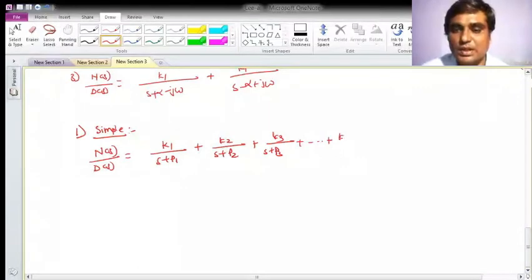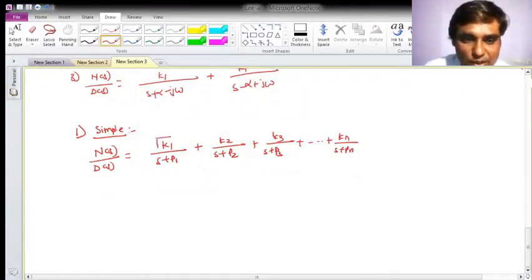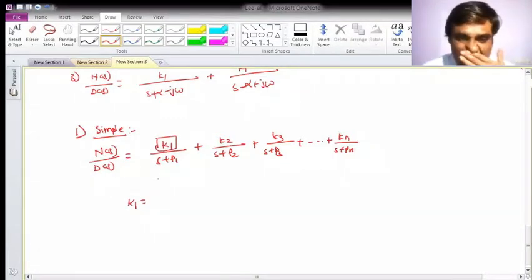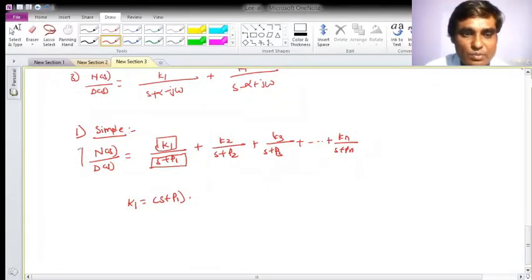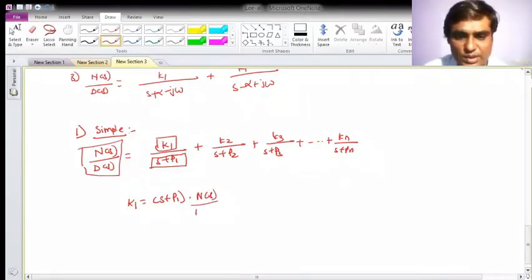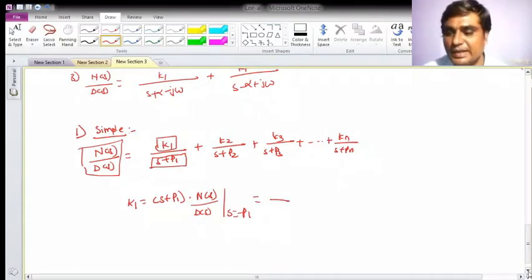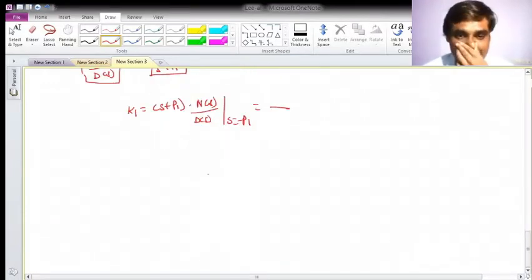Suppose there are n roots. Now if I want to find this residue k1, what to do? You multiply the corresponding root, s plus p1, with N of s over D of s, and then you evaluate it at s equal to minus p1. Whatever value you get will be my value of k1.